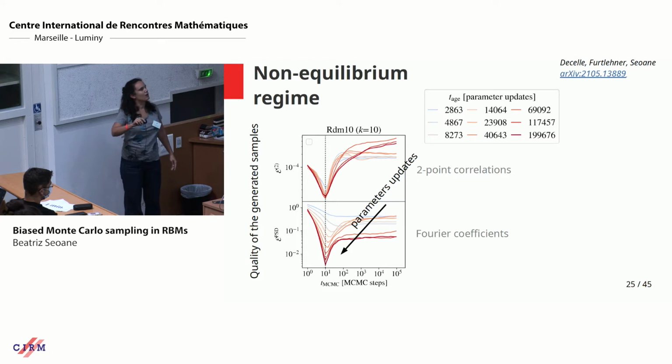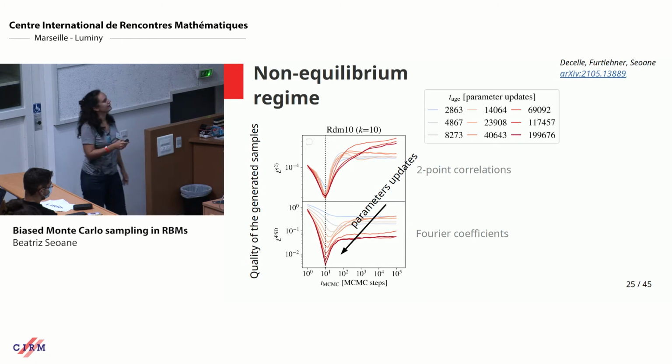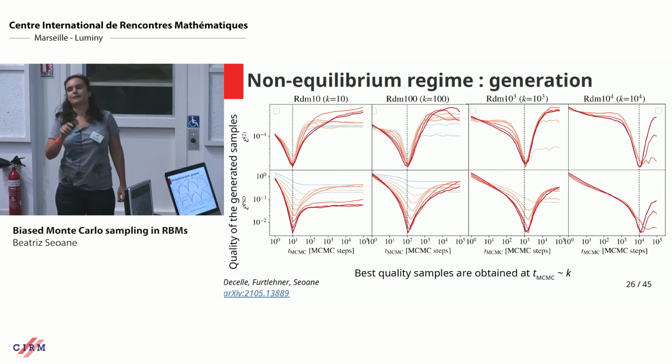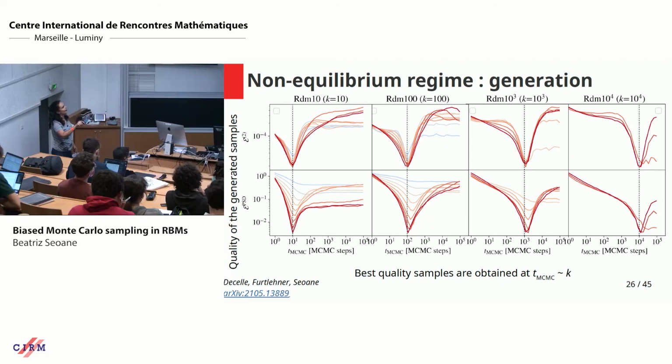And if we go on the sampling, we get something that is really worse. It looks worse than the data set. And it's interesting that if instead I train the machine using 10 steps, I get the best quality at 10 steps, but if I use 100, I get the best quality at 100 steps, and so on.